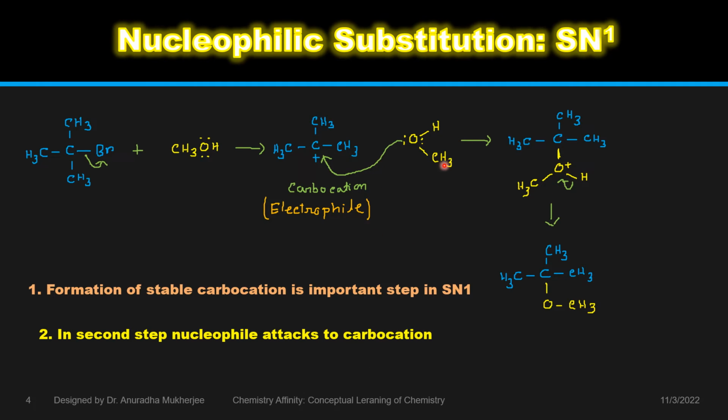So the nucleophilic substitution reaction rate depends on the concentration of this substrate. It is not dependent on the concentration of the nucleophile. So since in the RD step the rate of the reaction depends on only one molecule, that's why it is called a unimolecular reaction.